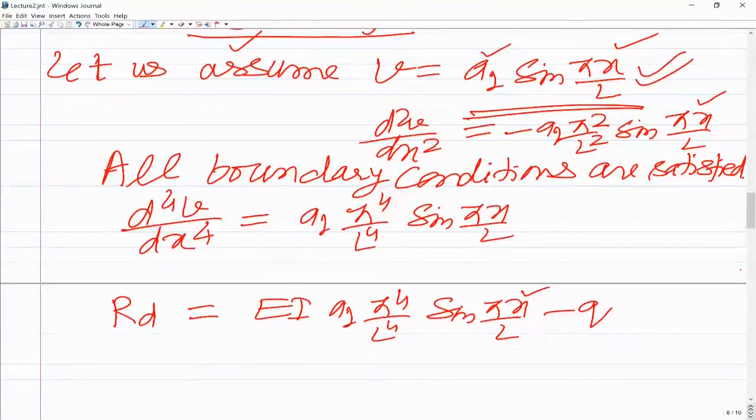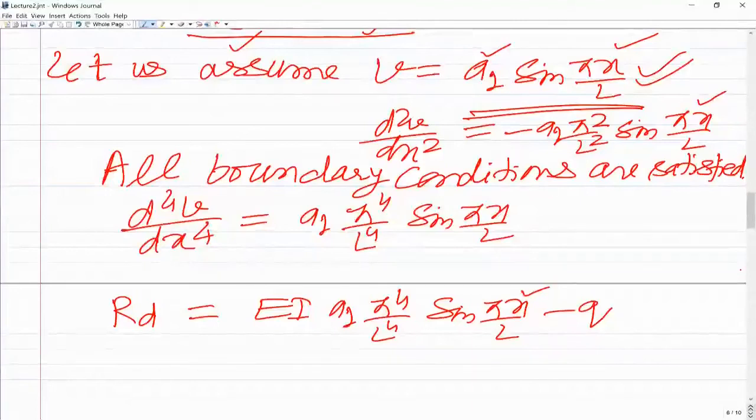Okay, you are then saying that we take sine pi x by l equal to 0. I think that will not make Rd 0. It can be 0 at x equal to 0 and x equal to l, but in between 0 to l, this sine pi x by l is not going to be 0. So that is not possible.